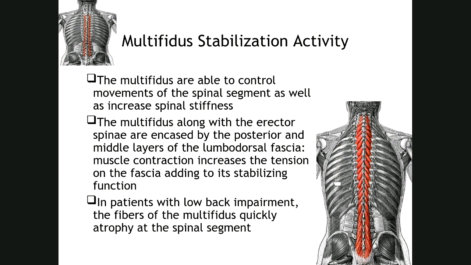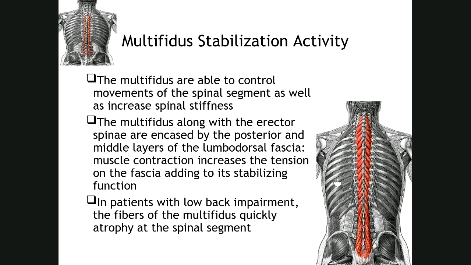They are kind of enclosed by the posterior and the middle layers of the lumbodorsal fascia. So a muscle contraction will increase the tension on that fascia, which will also help in stabilizing the spine. So you see how all of them kind of work together to provide that physiological back brace. It's kind of like a back brace that is on our backs.